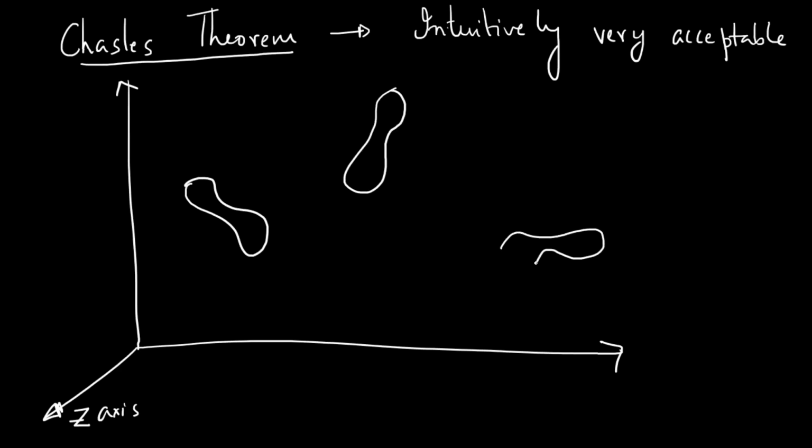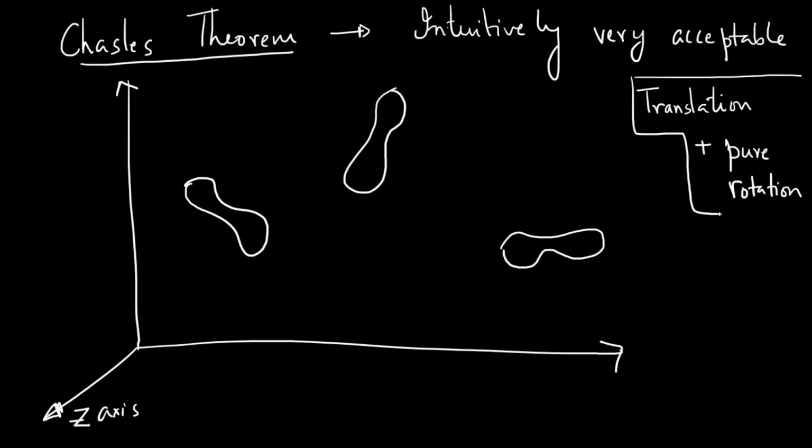Now Chasles' theorem essentially says that this motion can be thought of as a combination of translation plus pure rotation. I think this topic is also called translation plus pure rotation motion, and such a description is facilitated by Chasles' theorem.